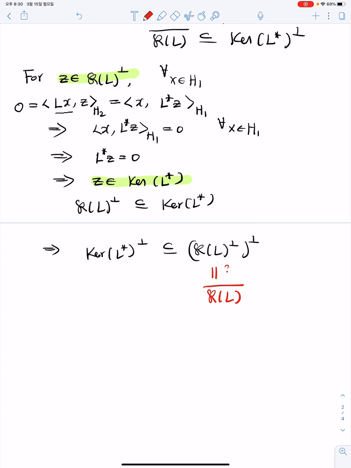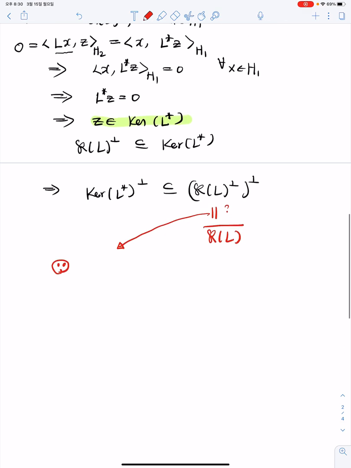Why is this true? Well, you know that the range of L is always a subspace of the closure of the range of L. Then the closure's orthogonal is a subspace of the range of L orthogonal.